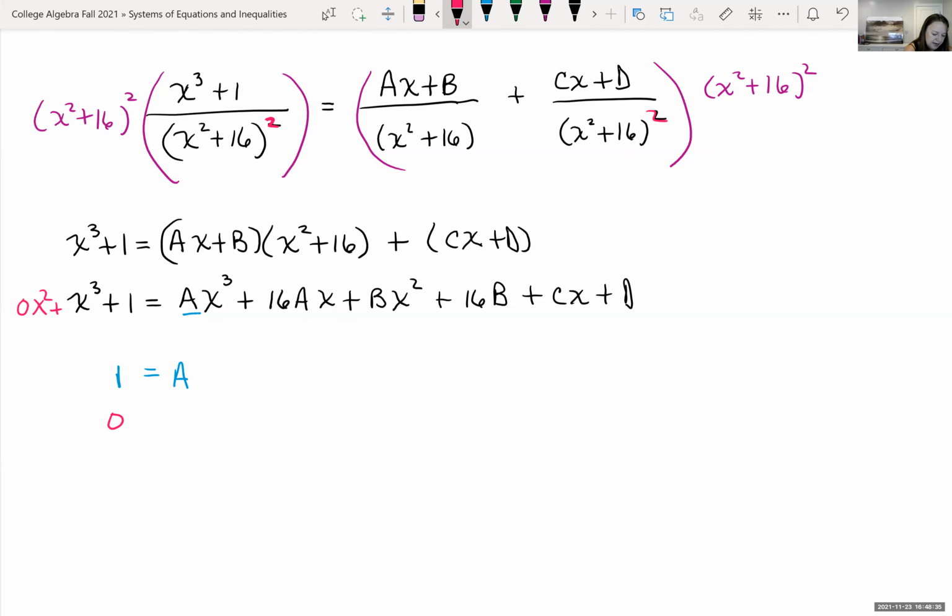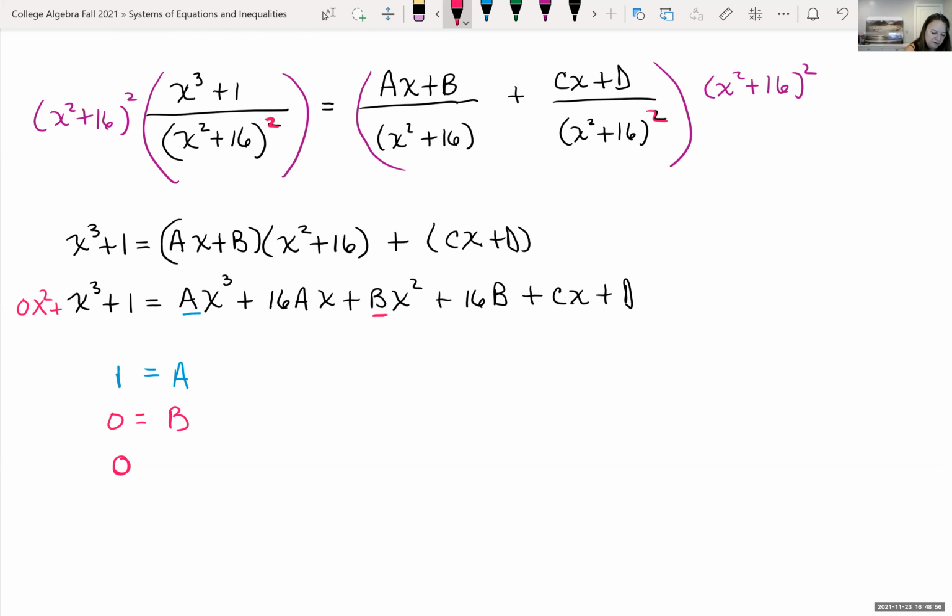Coefficient in front of the x squared is 0. And so 0 has to equal the sum of the terms with the x squared over here. So that's just b here. So b is 0. Notice there's no x term either. So our x term is 0.